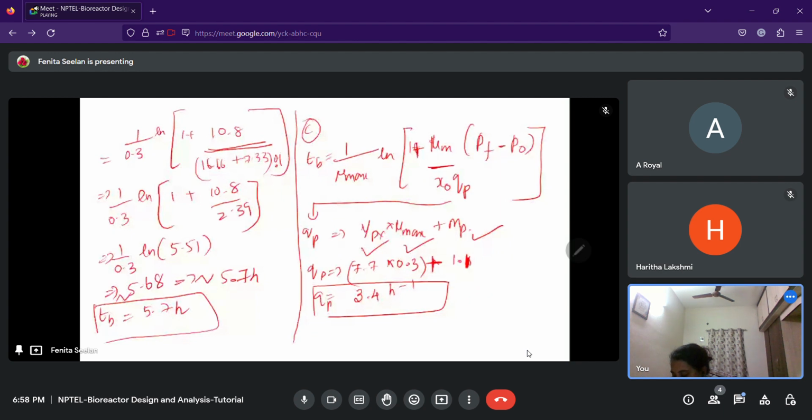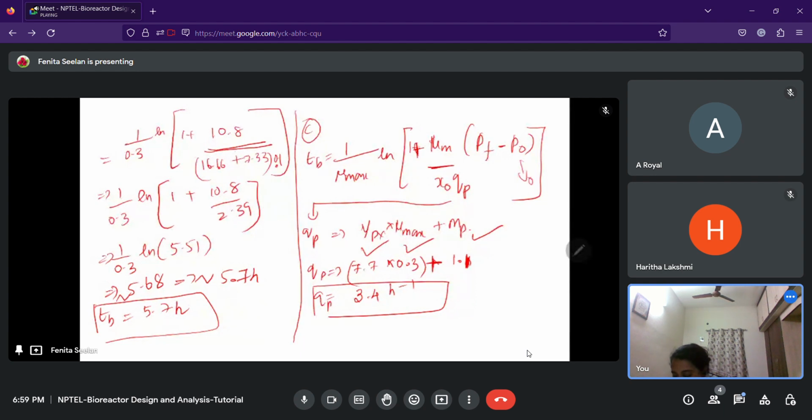And we know that P naught value is 0. How? Because initially, when you are putting everything together inside a reactor, there is no product unless it is an autocatalytic reaction, where something is going to catalyze its own production.